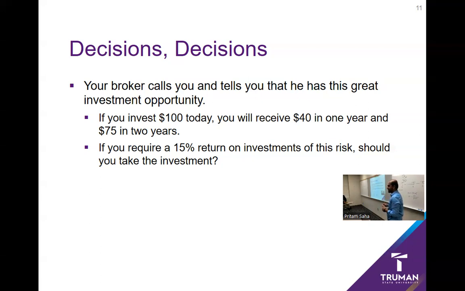Make sense? If you rather take this project right now, which is generating NPV of negative 8.5, what is the problem? If you're managing money for someone else and you are taking projects with negative NPV, what is the problem?